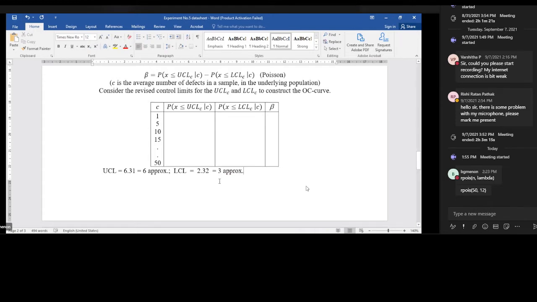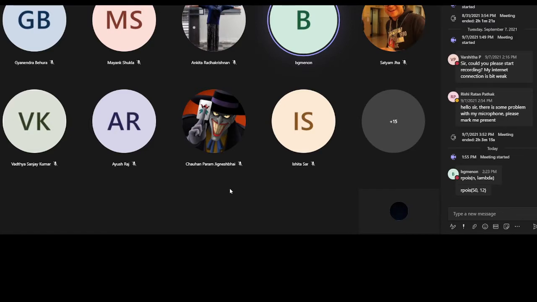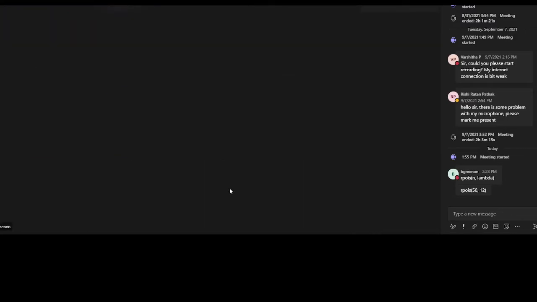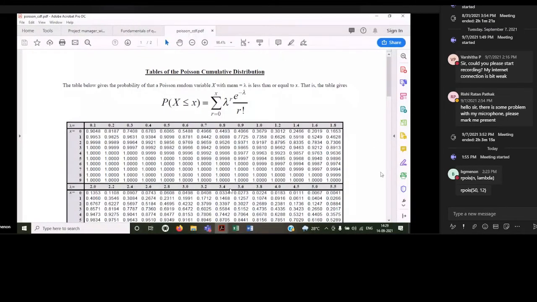Now let us find it out. First I will show how the cumulative Poisson table can be used. You can easily find this at the back of the Amitabha Mitra textbook, in Appendix A2, which corresponds to the cumulative Poisson distribution, or you can easily download these tables from the internet.